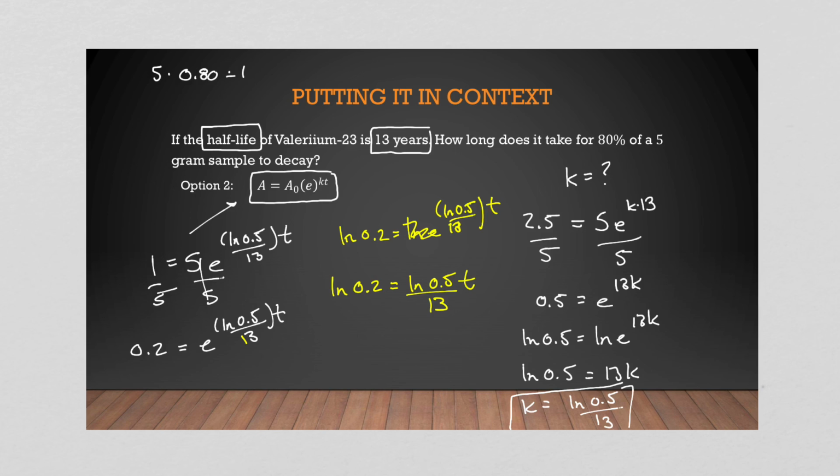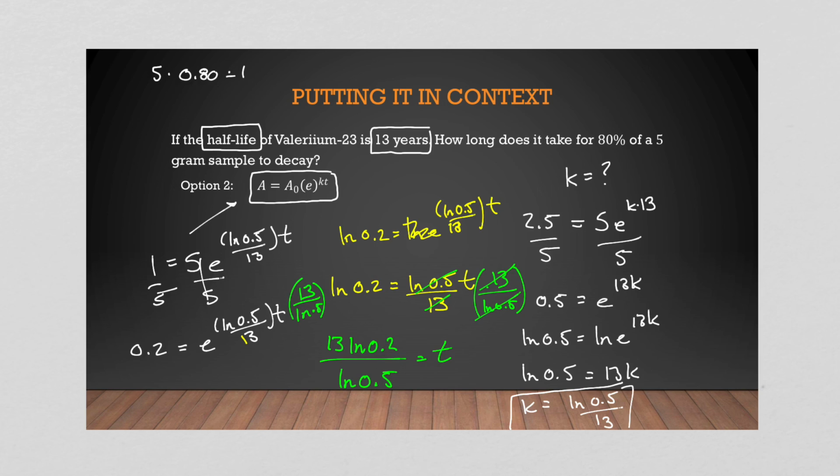And then a bit of algebra here. We multiply both sides by 13, and we divide by the natural log of 0.5. We multiply by the reciprocal. Do that here as well. And now we can plug into our calculator. So we have 13 times natural log 0.2, all divided by the natural log of 0.5. And that leaves us with t, because cancel, cancel, cancel, cancel.